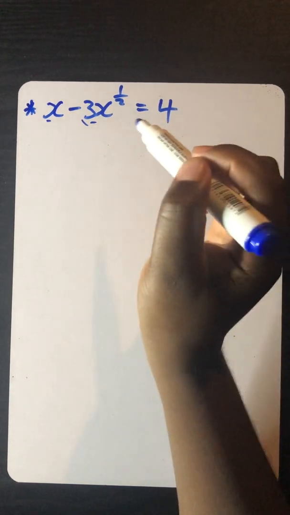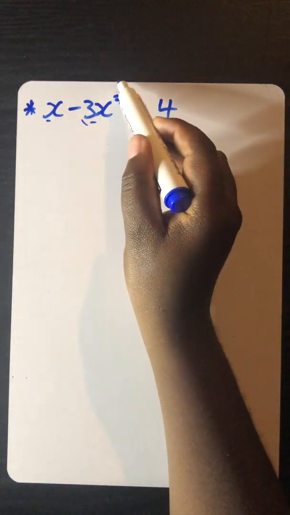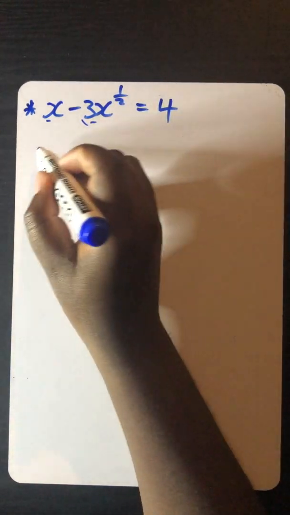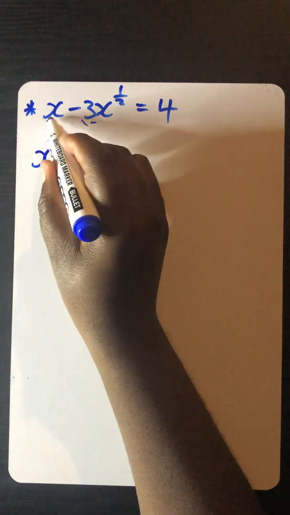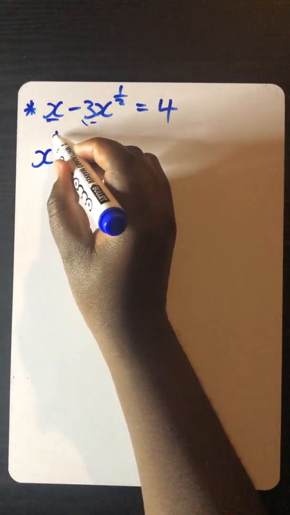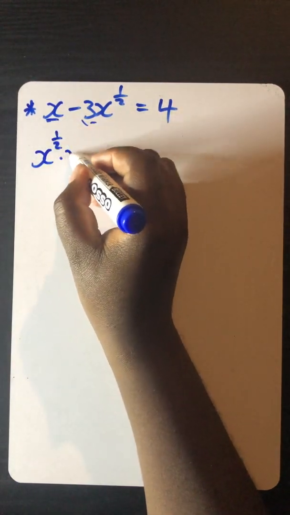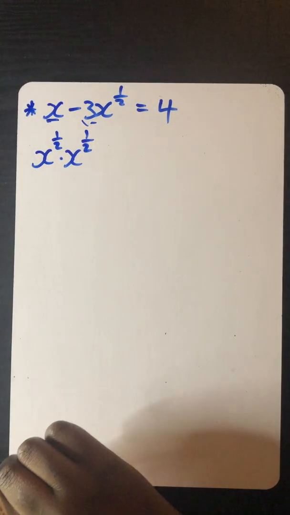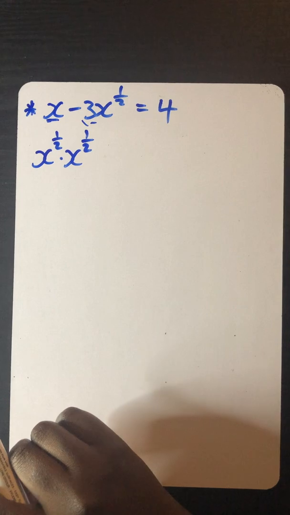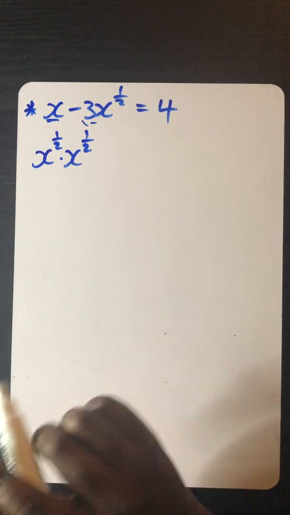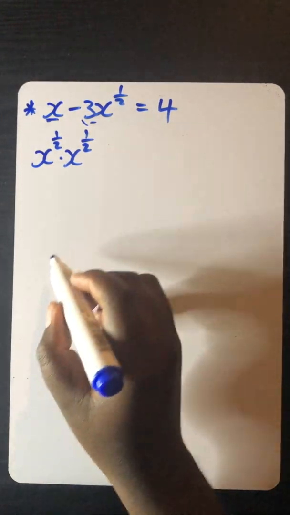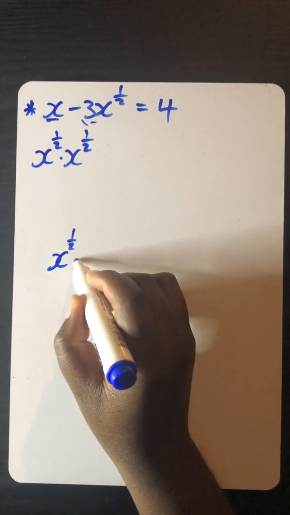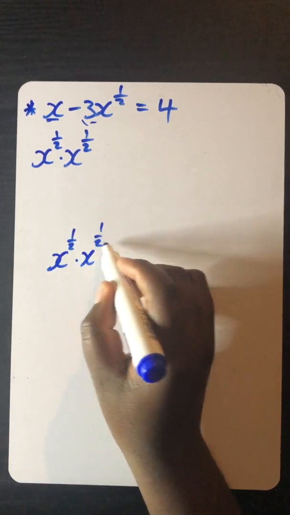But in this case, because of that power of half, it forces me to say that x is the same as x to the exponent half multiplied by x to the exponent half. I'm not really sure if you agree with me on that one, so let me just quickly show you guys. x to the exponent half multiplied by x to the exponent half.